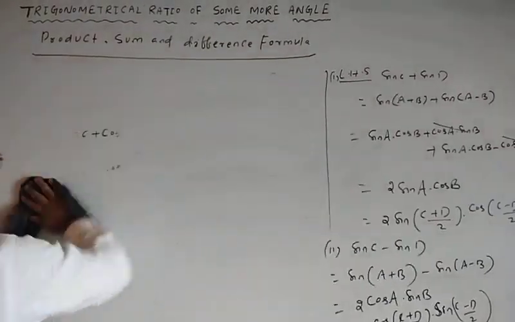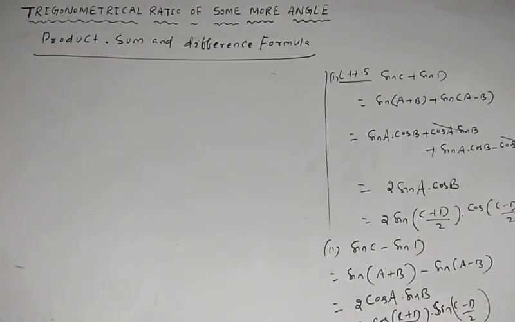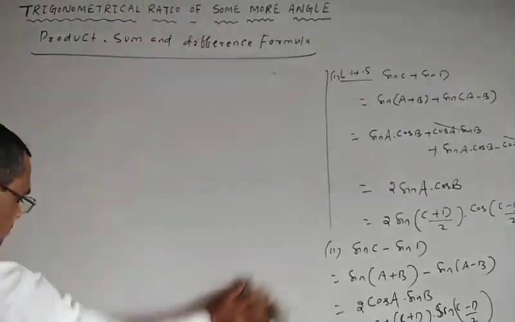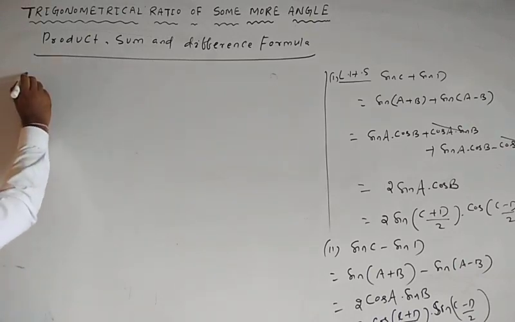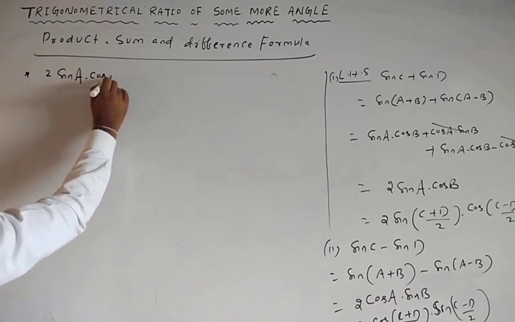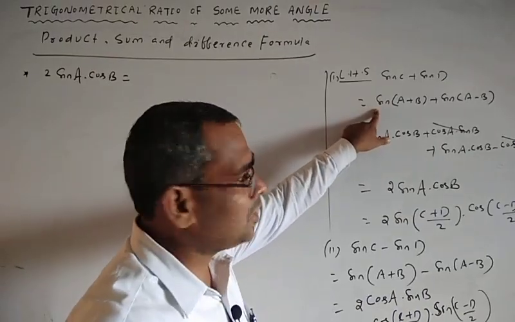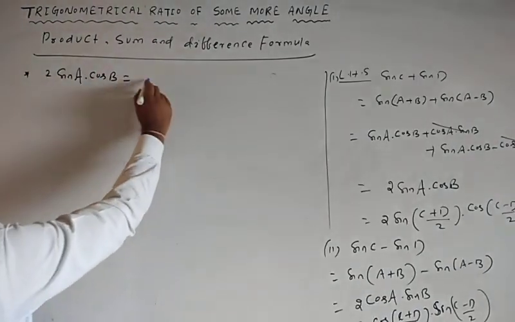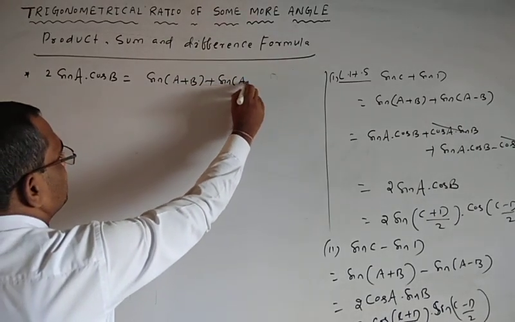This is the reverse of the CD formula for sin C plus sin D. Next we go to the product formula, that is 2 sin A cos B. So 2 sin A into cos B means this is sin A plus B plus sin A minus B. So remember this one, 2 sin A cos B is equal to sin A plus B plus sin A minus B.